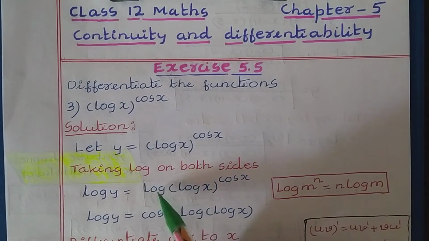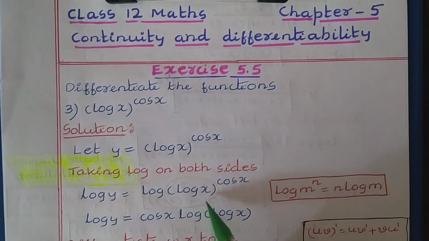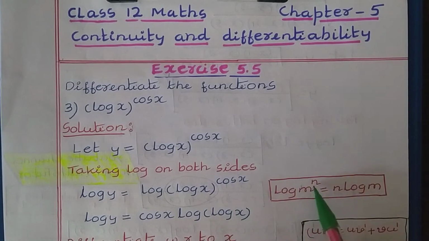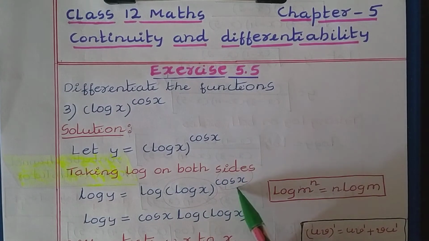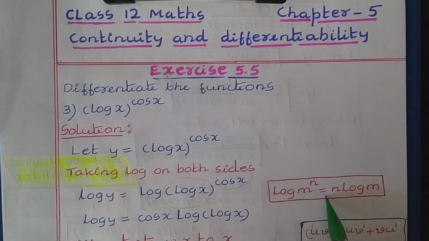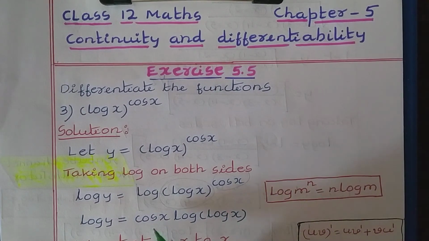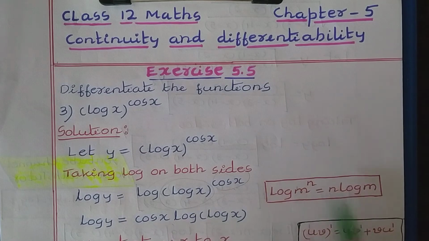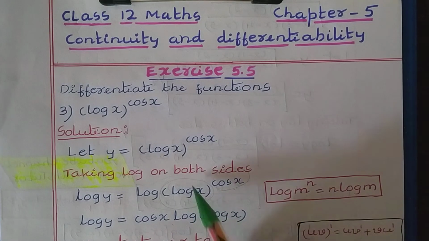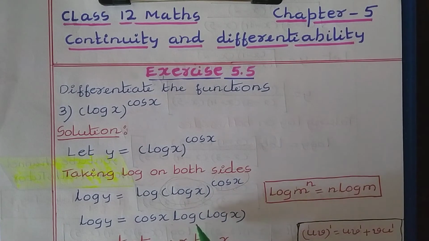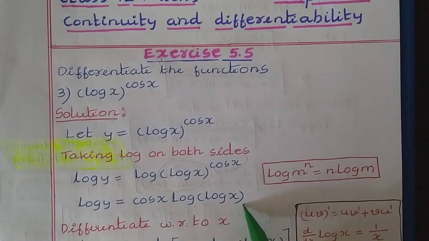Here this m we can take as log x and n we can take as cos x. So if you apply this property, n is nothing but cos x, so cos x log m, m is nothing but log x. So cos x log(log x).